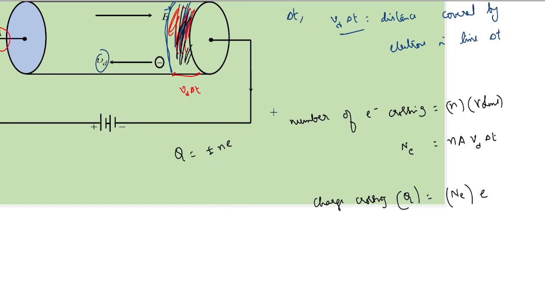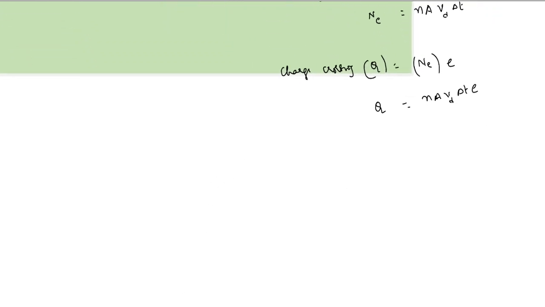The idea of n is different here because here n stands for number density, but Q is given as the number of charges into its charge value, that is equal to n A Vd delta t into e. This is the charge crossing.